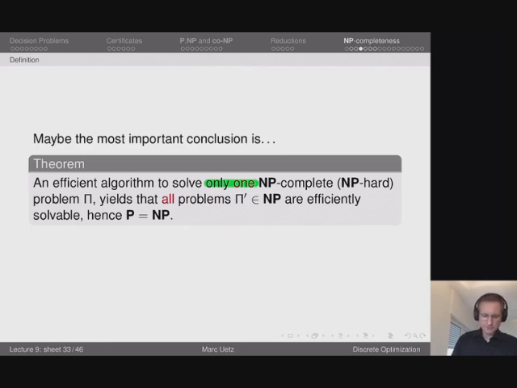So that's a theorem: an efficient algorithm to solve only one NP complete problem or only one NP hard problem, I don't even need membership in NP for that conclusion, yields that all the problems in the class NP would be solvable in polynomial time, and that would exactly mean P would be equal to NP. And this conclusion is considered to be very unlikely, right?